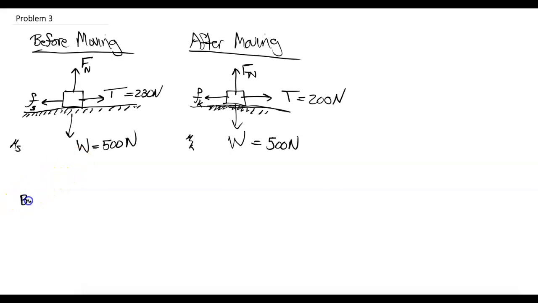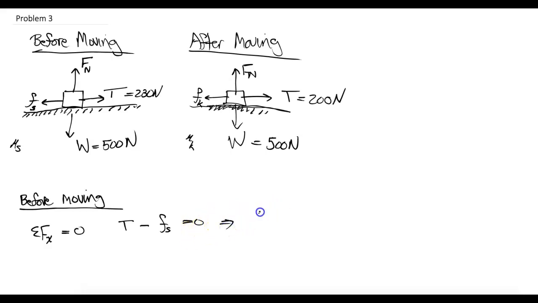So if we look at before the moving of the crate, so nothing is moving, we know that the sum of the forces has to equal 0. And if we look at the free body diagram, we know we have the tension to the right minus the static friction force to the left, so this has to equal 0.